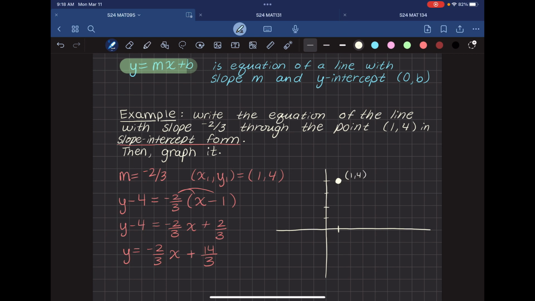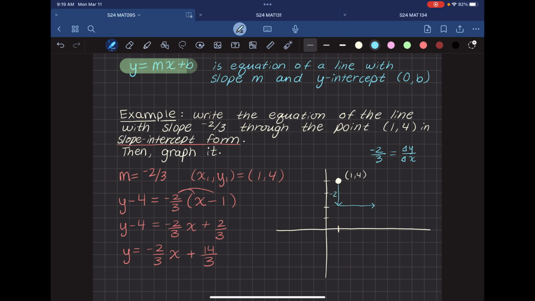And then we have that it has a slope of negative 2/3. Well, keep in mind that negative 2/3 being our slope means that our change in y over our change in x between any 2 points is going to be equal to the ratio of negative 2/3. So I can move down 2 for my change in y, negative 2, and my change in x can be a positive 3.